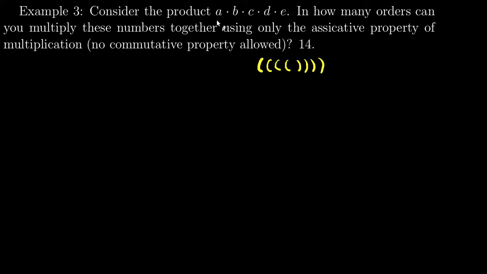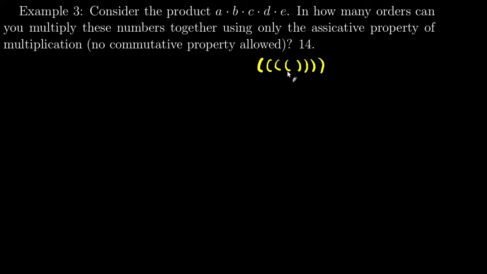And I need to make sure that every single set of parentheses deals with a multiplication problem. So here's what happens. I'm not going to consider this like this here.